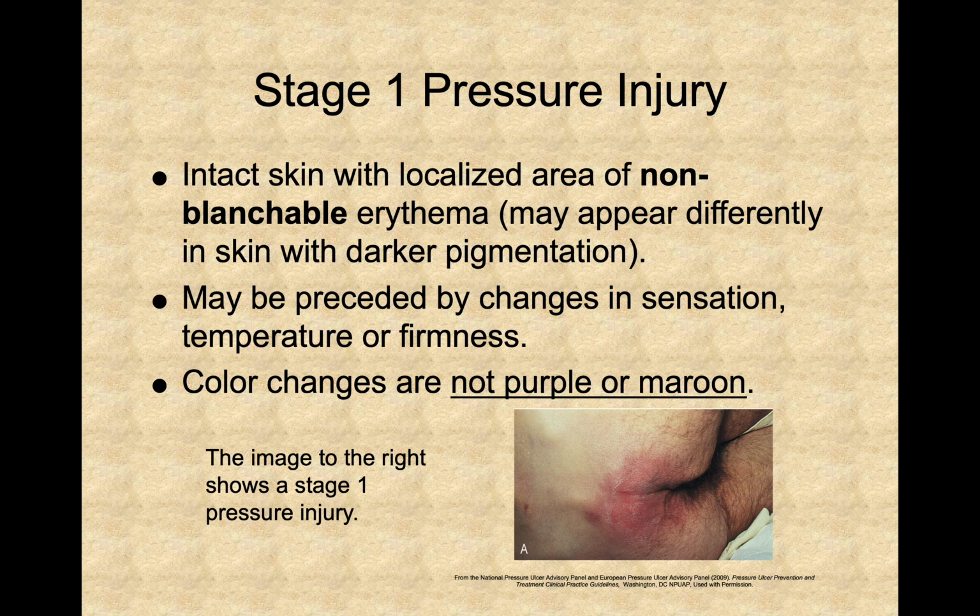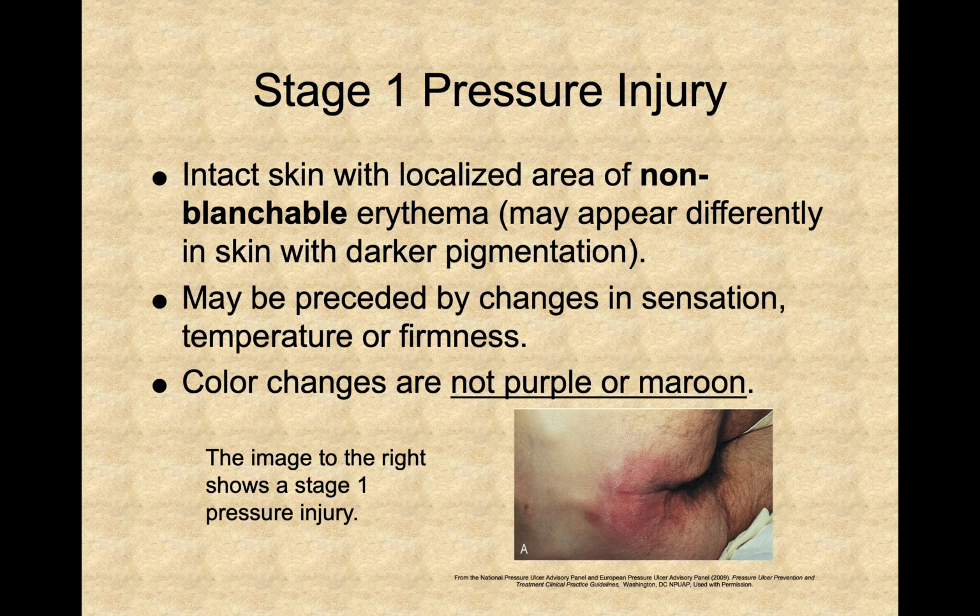If you first identify a stage 1 pressure injury, or think that's what you're dealing with, one of the best things you can do is offload that area of pressure, so that you can allow for return of blood flow and circulation to that tissue. Come back in an hour and reassess.